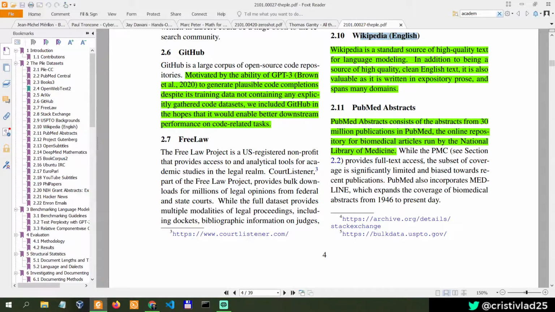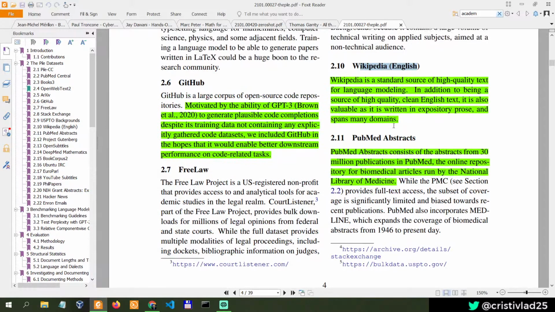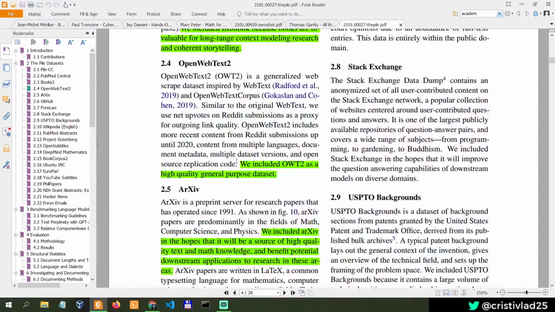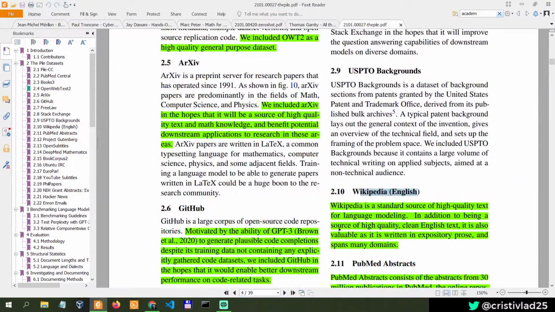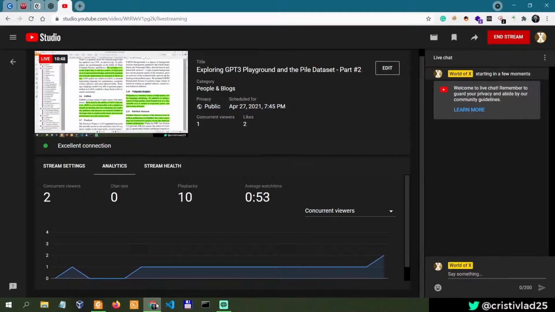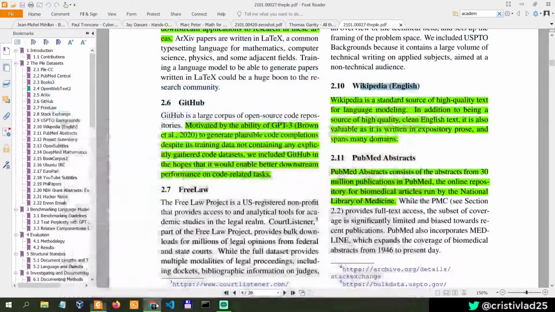Then of course we have PubMed Abstracts, which is another very high quality source of information when it comes to medical insight, and I'm actually interested in this kind of stuff. So we have the PubMed Abstracts and we also have Archive Abstracts, and I believe none of these are included in the data that, for example, GPT-3 has been trained on, which is a bad thing, and hopefully the folks at OpenAI are gonna do something about it in future iterations, even though some people say that it might not necessarily be important to have the language model trained on very recent data if you know how to engineer the prompt.